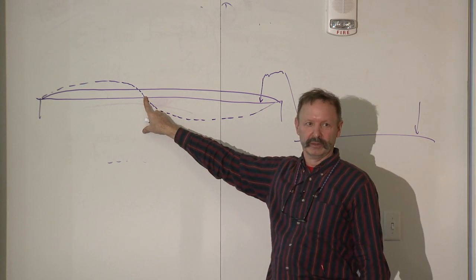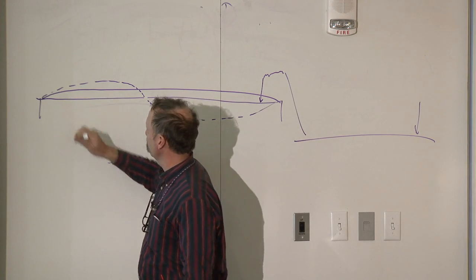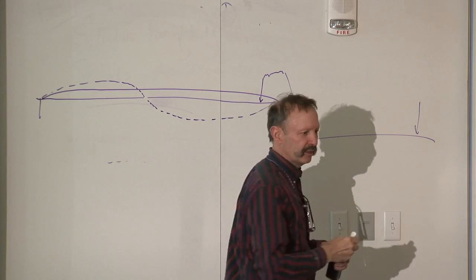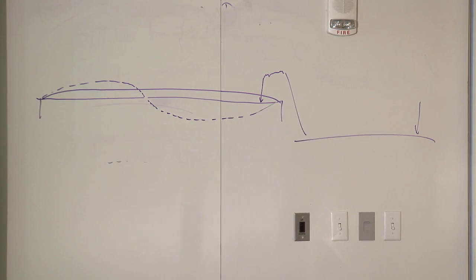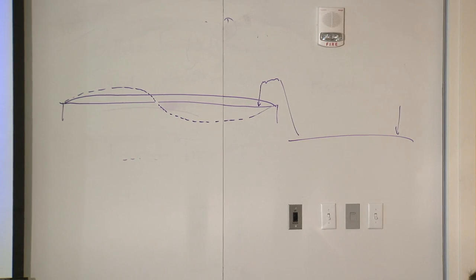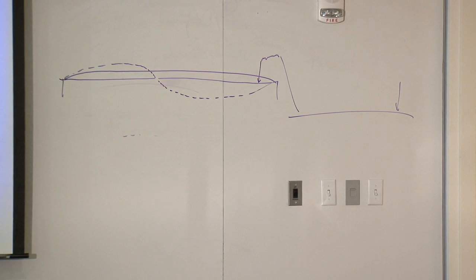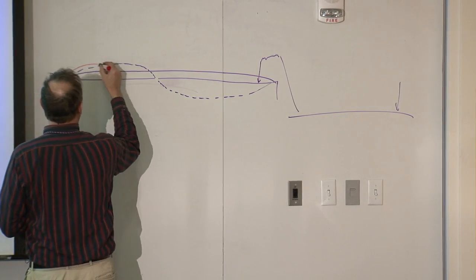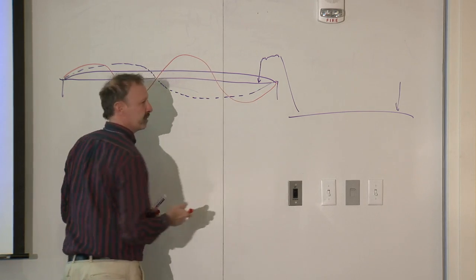This node is sort of a constraint for the string, right? It can also vibrate like this. Okay, you can also have this string vibrate like this, right?